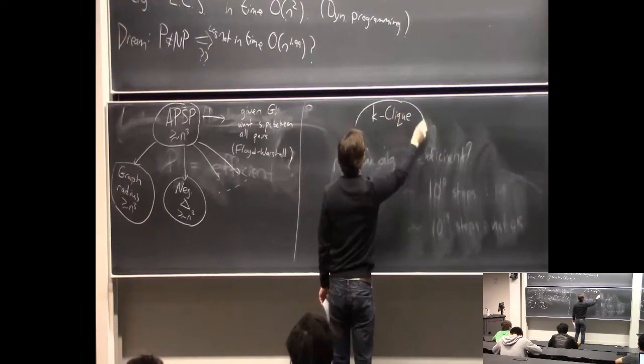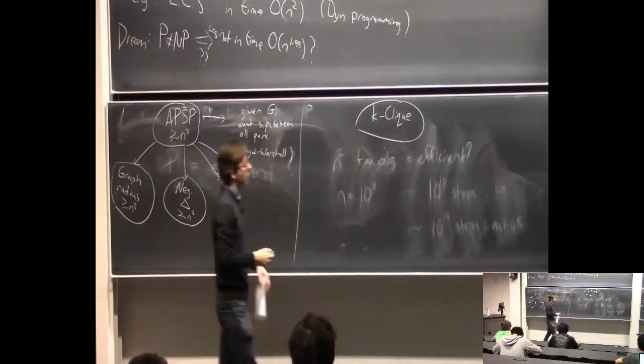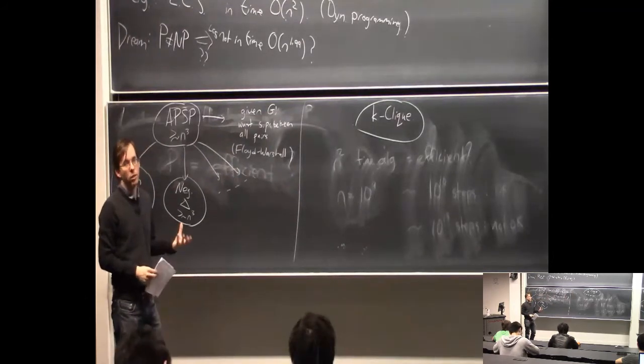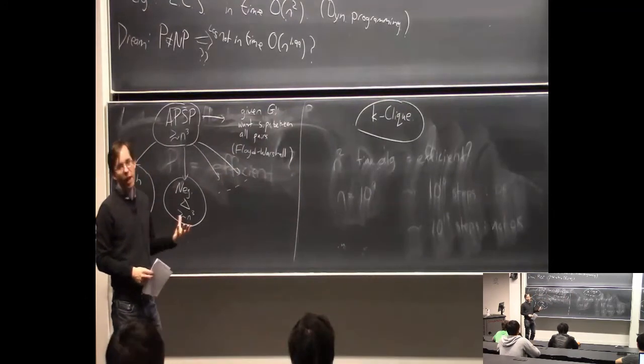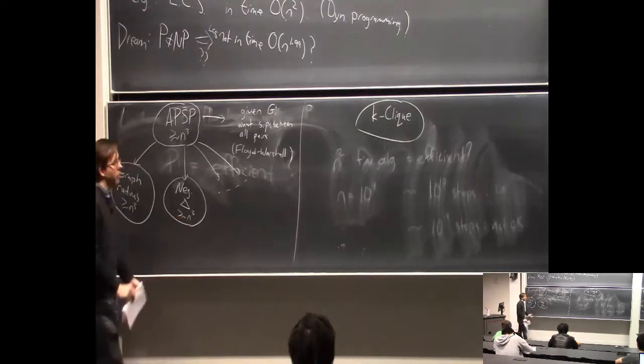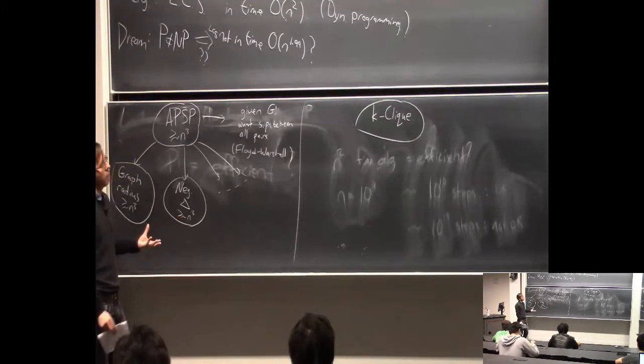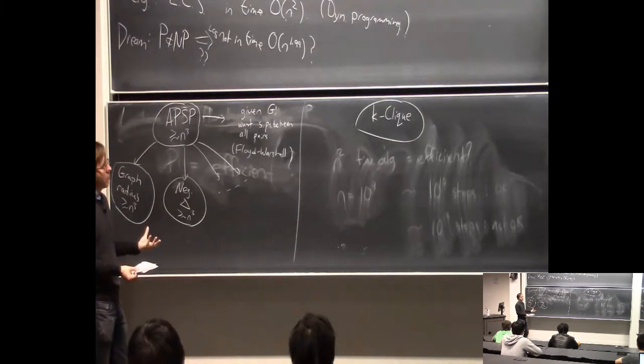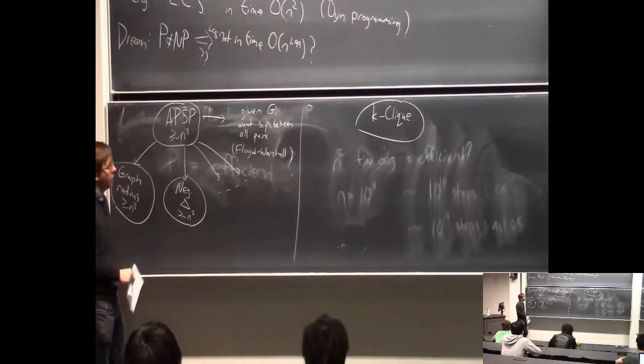K-clique is an interesting problem. You're given an undirected graph, and there's some fixed number, like 3 or 4 or 5, and you want to know, does the graph have a clique of this size? When k equals 3, for example, the 3-clique problem is: you're given a graph, does it have a triangle? Well, you can solve this in n cubed time by trying out all triples of vertices.